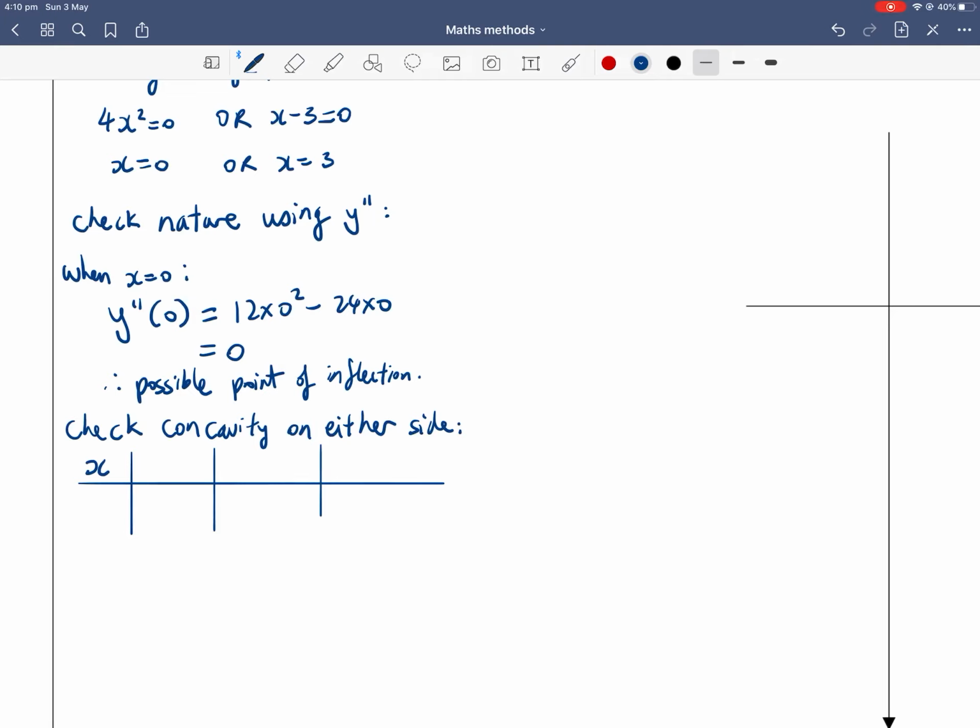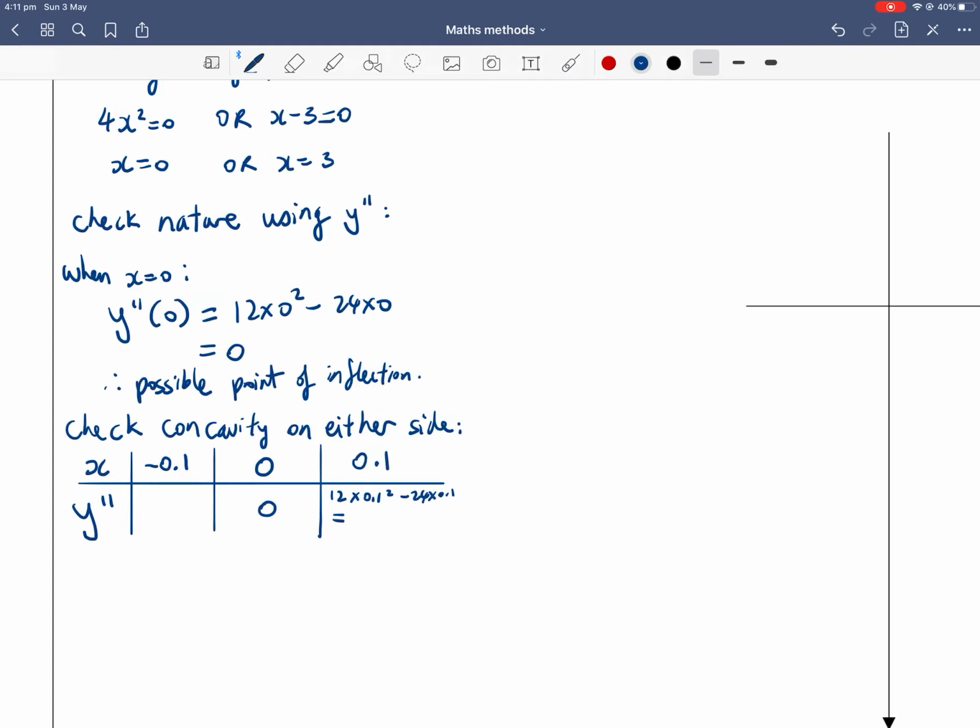We're checking x values versus y dash dash values. Not y values, not y dash values, but double derivative values. So my point of interest right now is when x equals 0. Pick a little bit to the left, so negative 0.1, and pick a little bit to the right, so positive 0.1. Substitute your y dash dash values in.